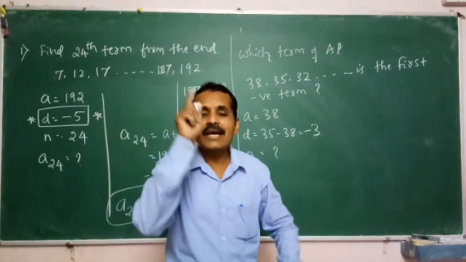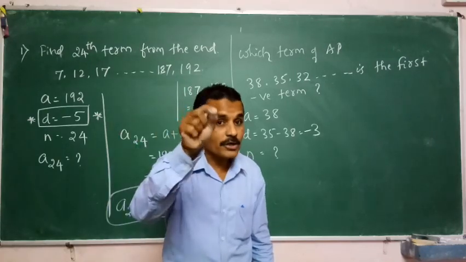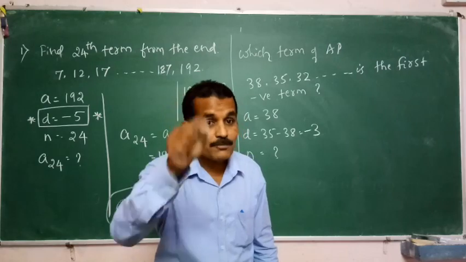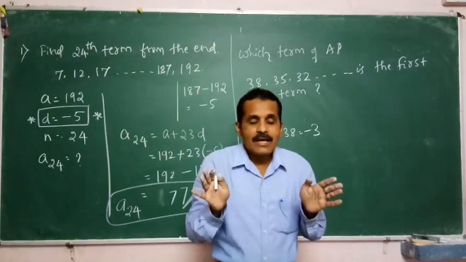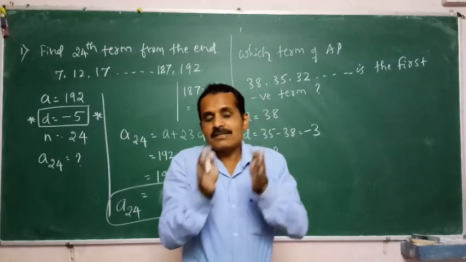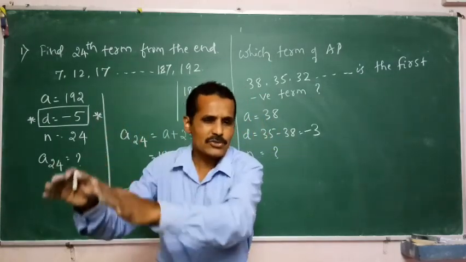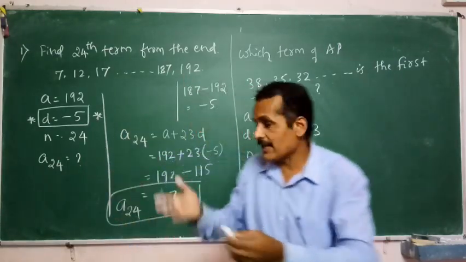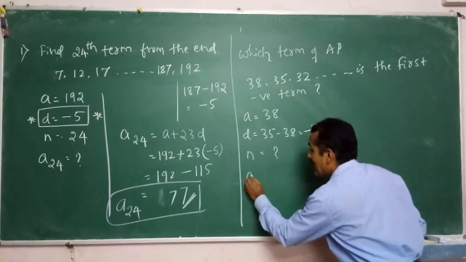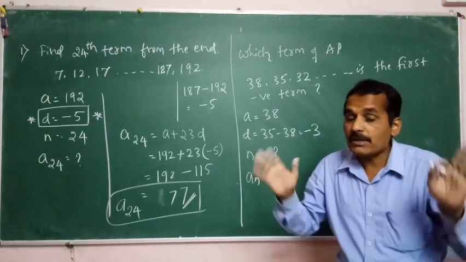My dear children, negative term means less than 0. This is the point to be noted. Last term, I want a negative number. Negative number means definitely smaller than 0. It may be minus 1, it may be minus 2. Whichever comes first, whichever comes the first negative number, they are asking. So I can say AN is a negative number, but which negative number, that I don't know.